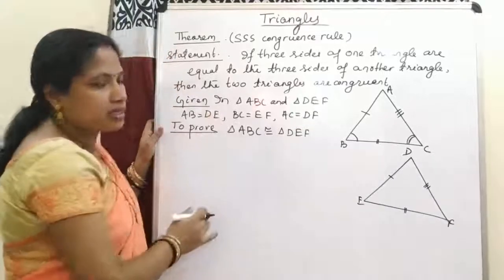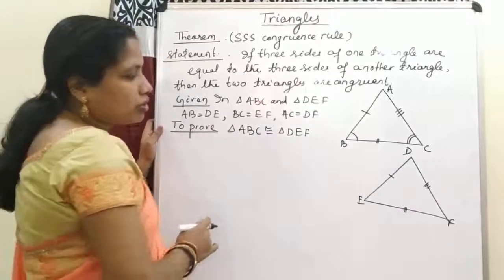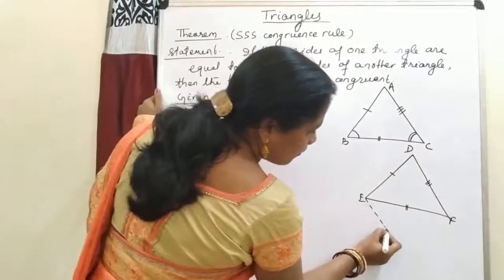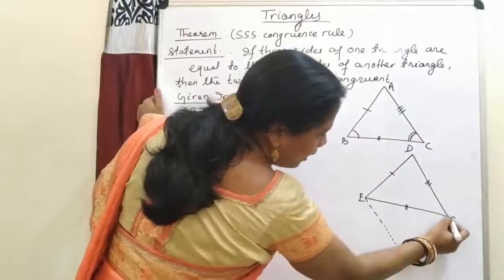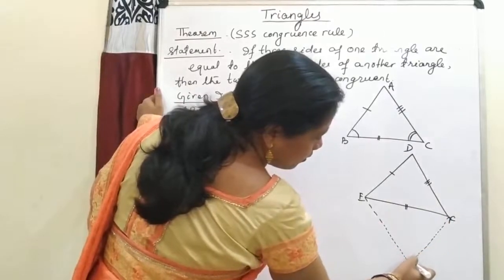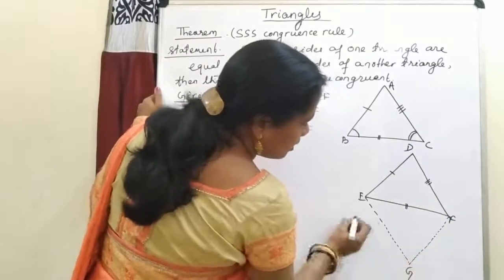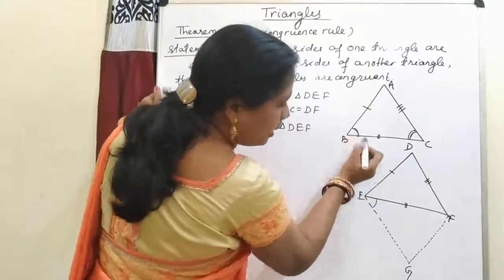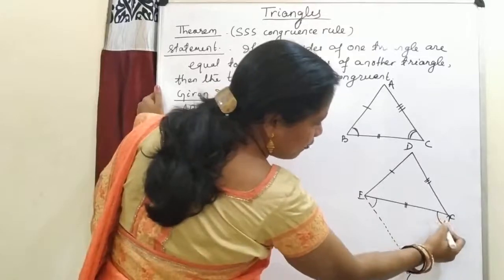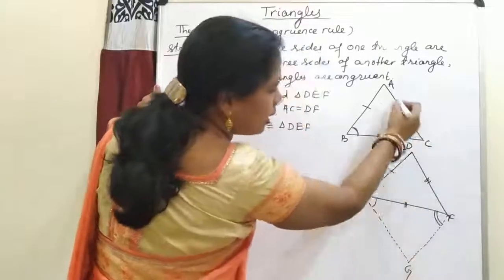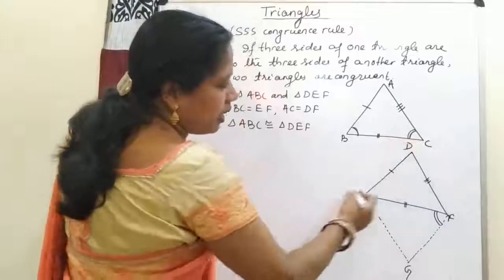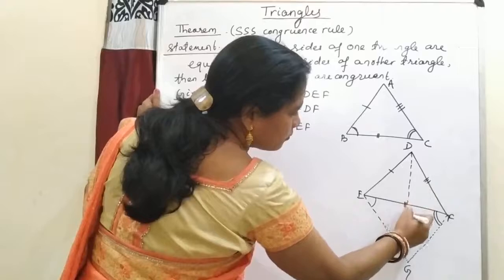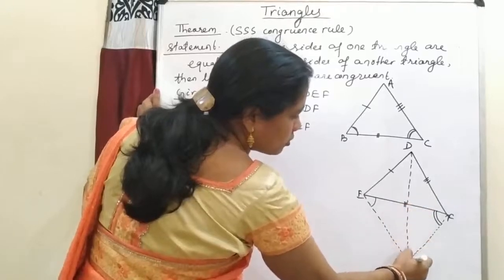To prove this, we need a construction. Here we will construct EG and FG such that angle GEF will be equal to angle B and angle GFE will be equal to angle C, or ACB, and join DG. So this is our construction.